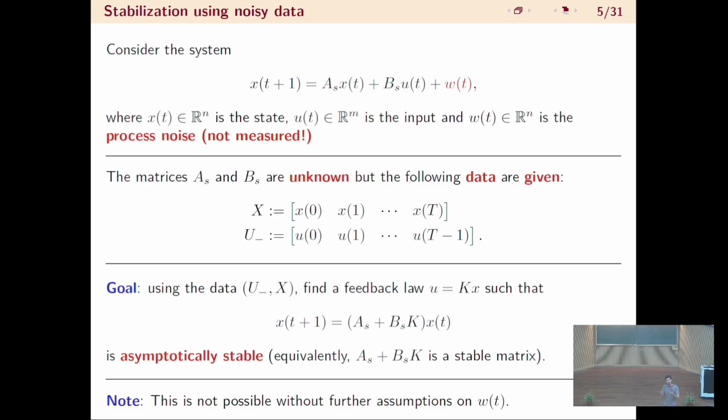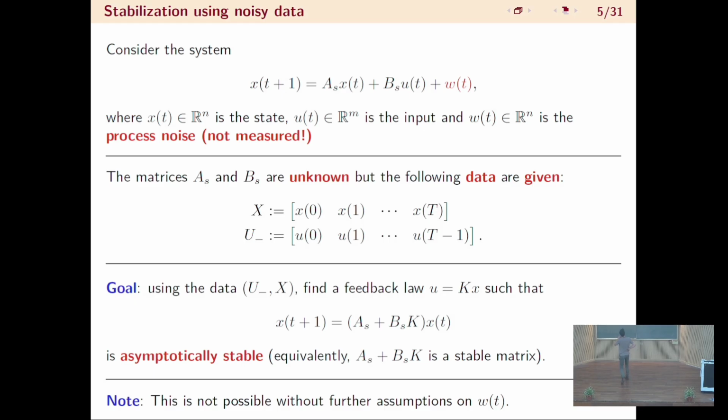Yeah, so if you don't have any idea about the noise, right? Indeed, so it's related to that.